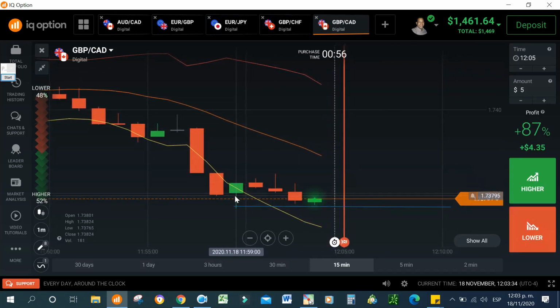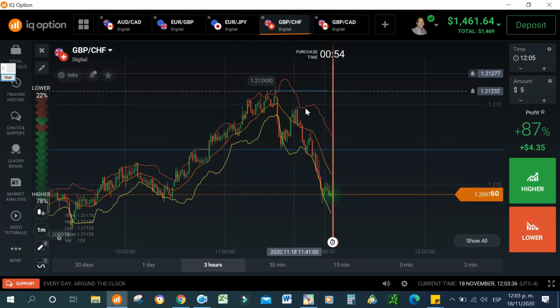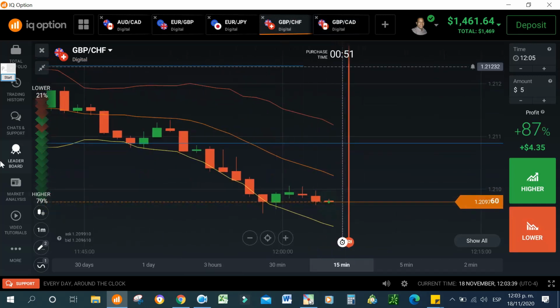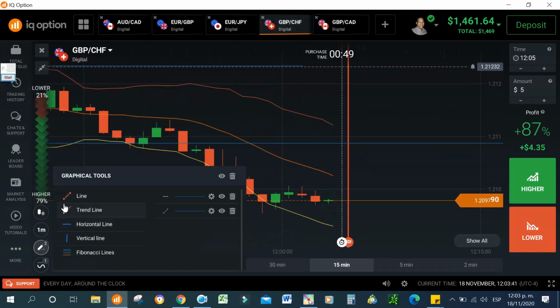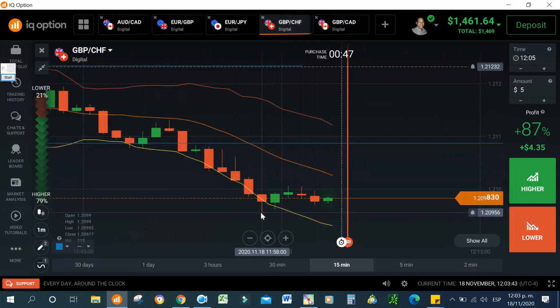This bullish range. Same happened here. They are very similar.